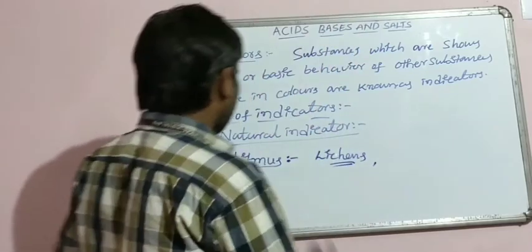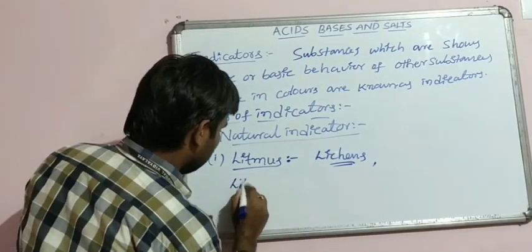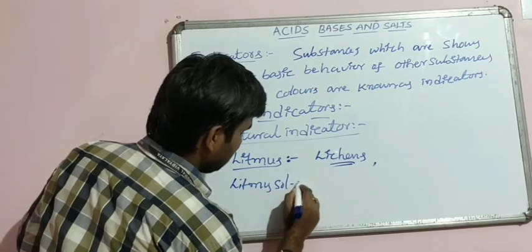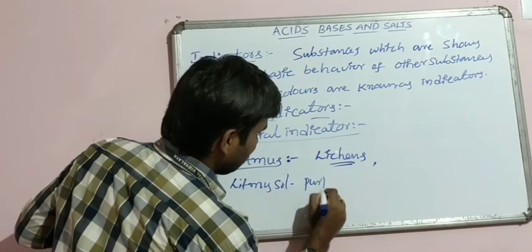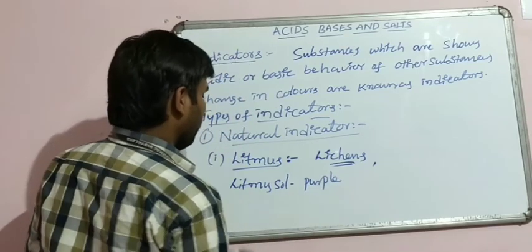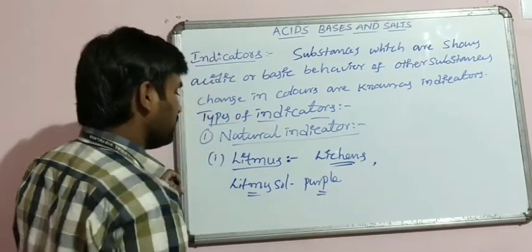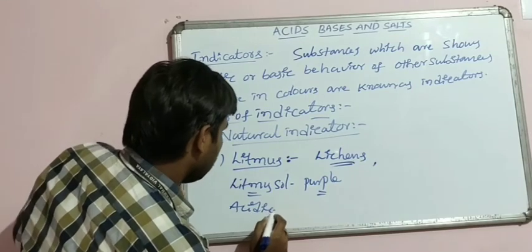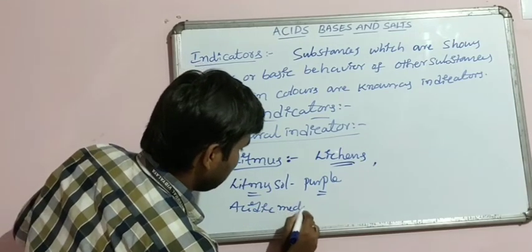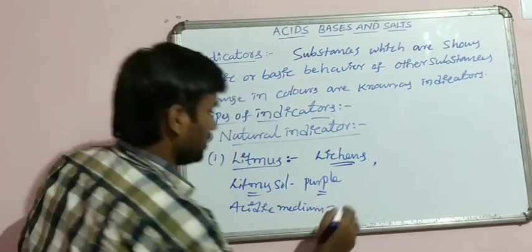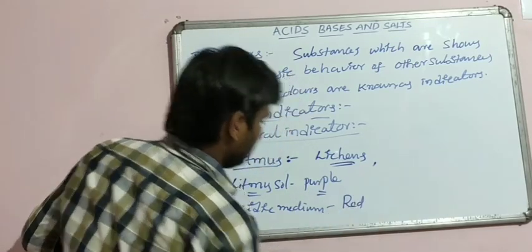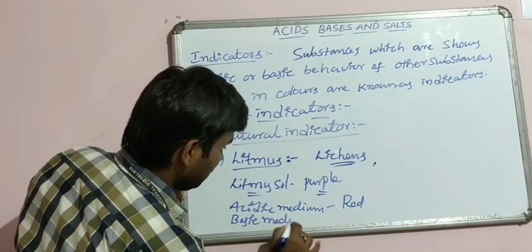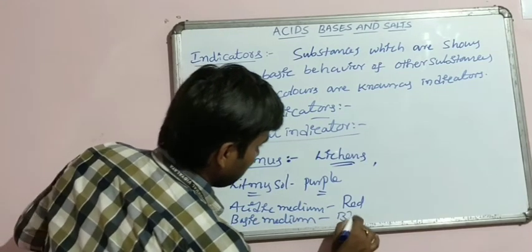Actually, the litmus solution color is purple. In the presence of acidic medium, its color is red, and in basic medium, its color is blue.